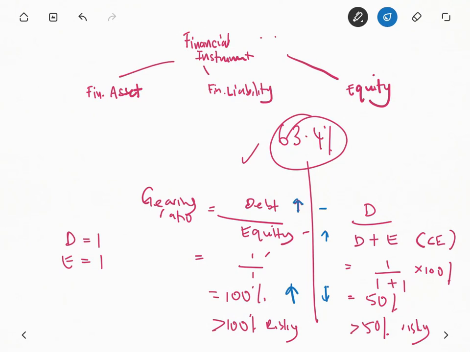When do you decide whether it's a liability or equity? On initial recognition, when you first enter into the transaction. Not later, but on initial recognition, you determine whether it's a liability or equity. Not only that, it will affect your gearing ratio. When I classify it as a liability, must I pay interest?